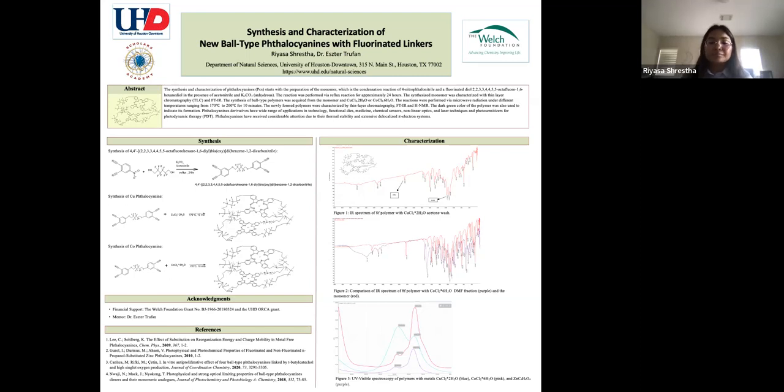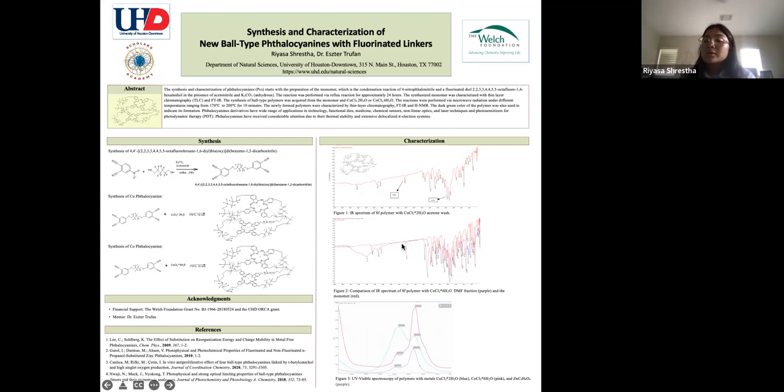And in order to characterize these compounds, I used IR and UV-Vis spectroscopy. Under characterization, in figure 2, you can see the comparison of the IR spectrum of the ball type that I got from copper chloride, which is in purple, and the monomer, which is in red.